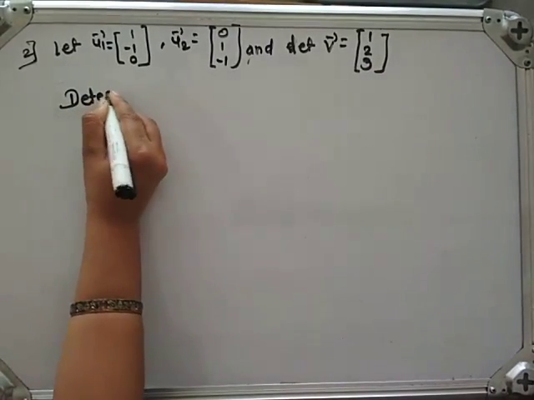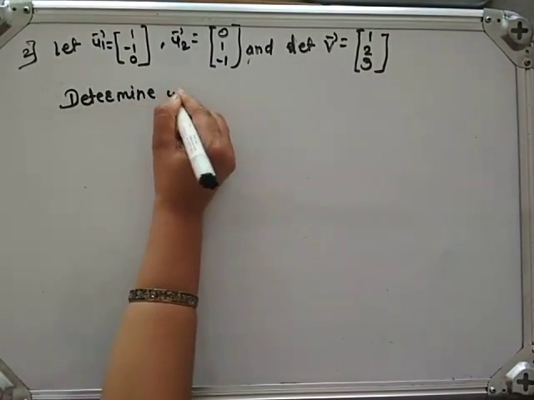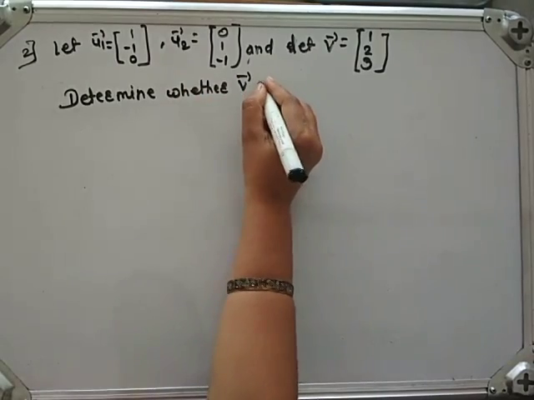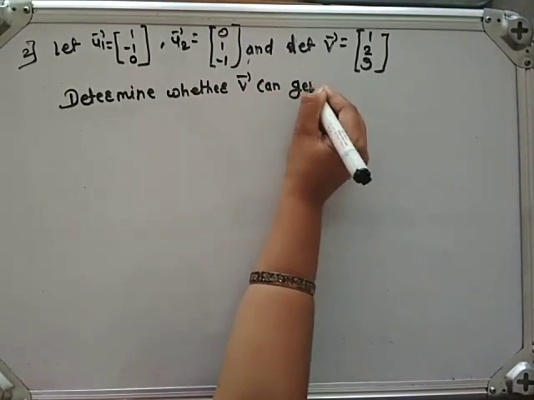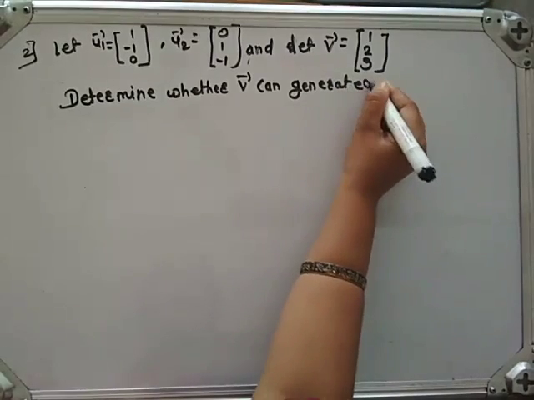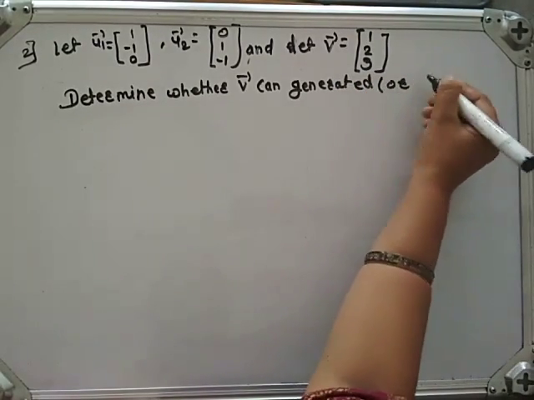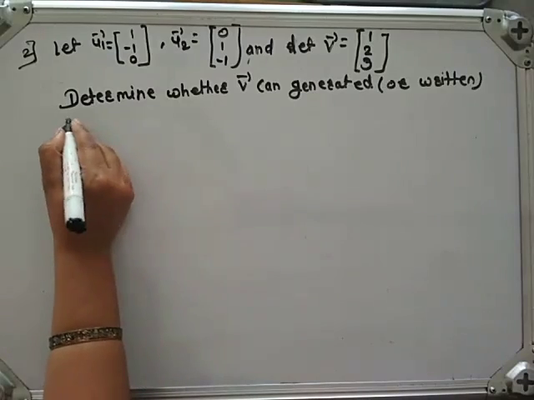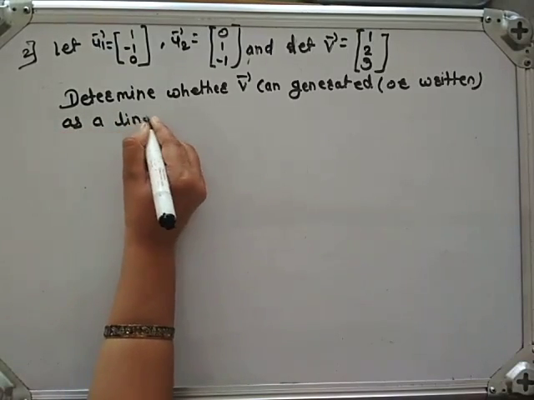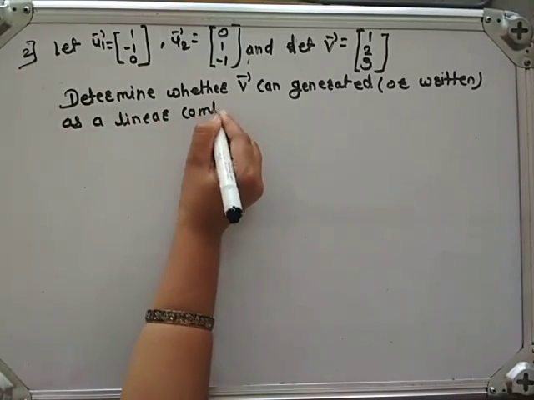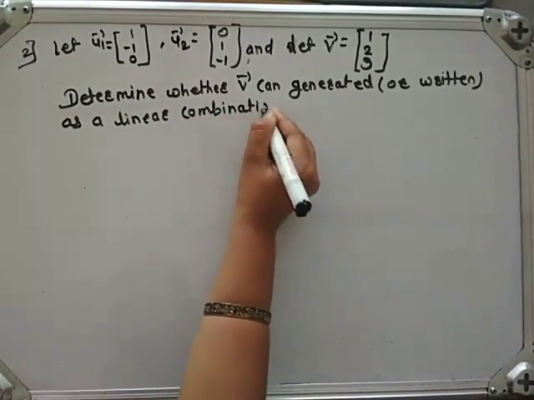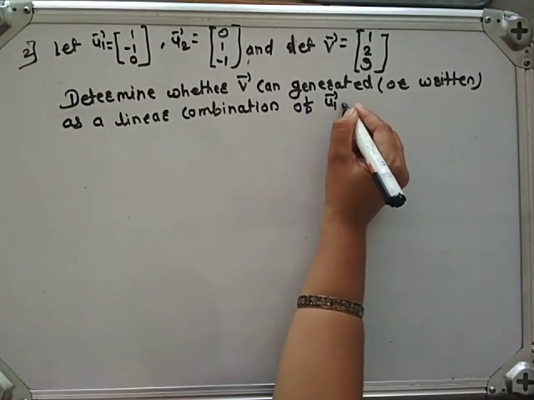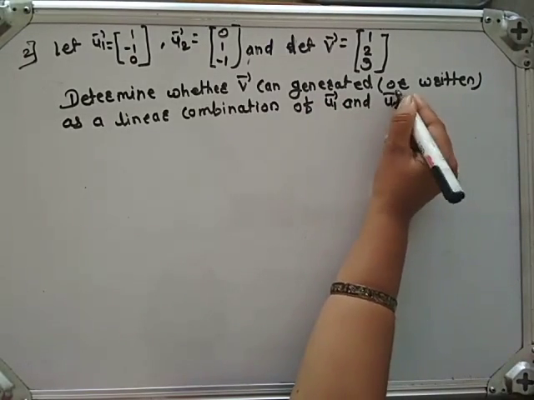Determine whether V bar can be generated or written as a linear combination of u1 bar and u2 bar. Students, don't be confused.